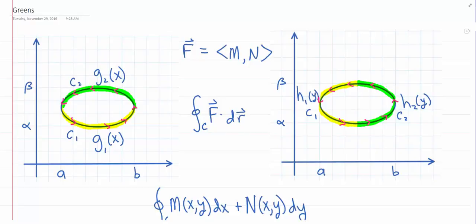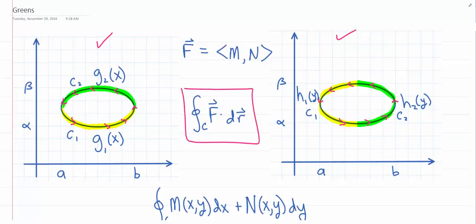So here is the vector field, F, with M and N both functions of x and y. Notice this first graph is exactly the same as this one over here. So this is exactly the same curve, and you have exactly the same vector field. So we're going to look at this line integral right here.